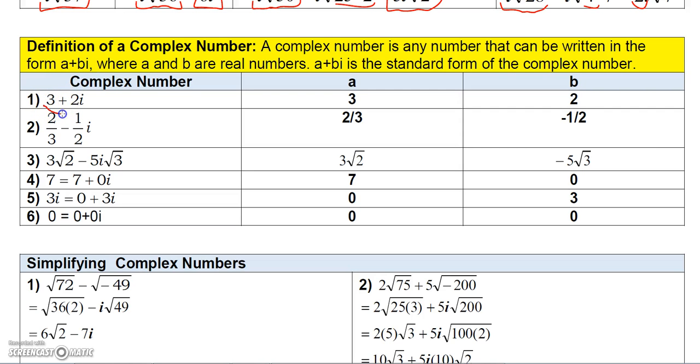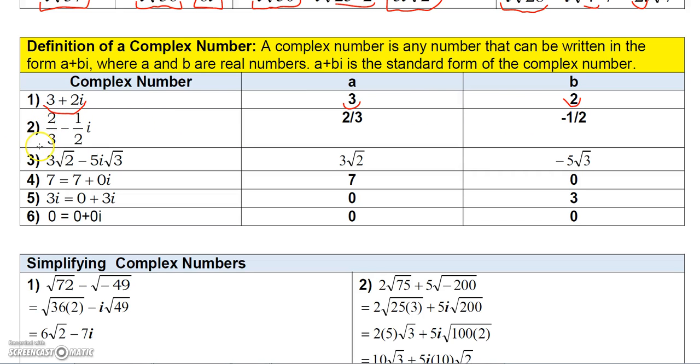So here's the first one, 3 plus 2i. Well, the real part is the 3, so that's the a component, and then the coefficient of i is 2, so 2 is the b component of that complex number.